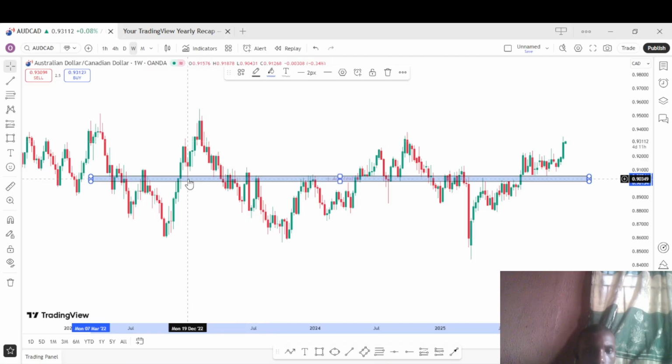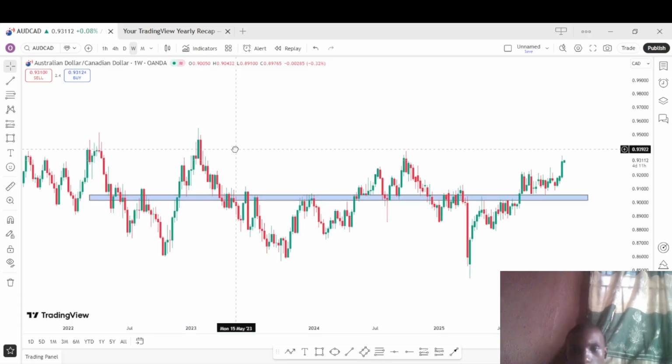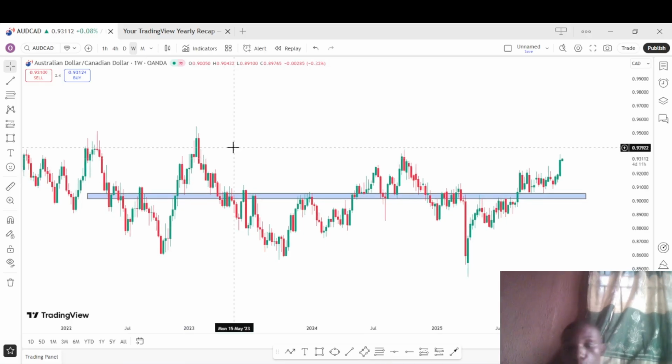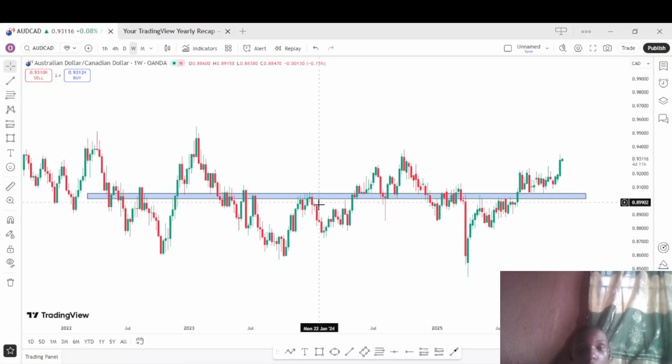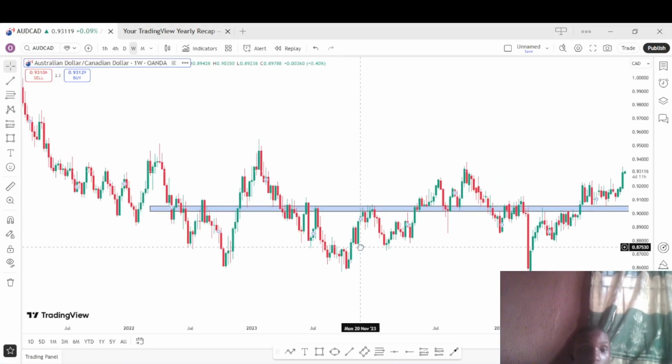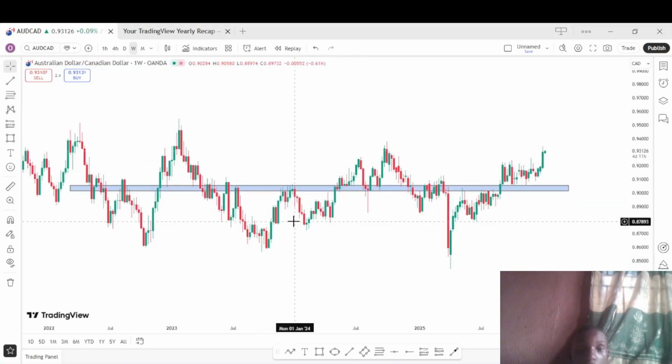It reacted at this same point, even at this point, but it kind of failed at this point. What that is trying to tell us is that you need to be very, very careful of this level because of the kind of liquidation that occurred here.